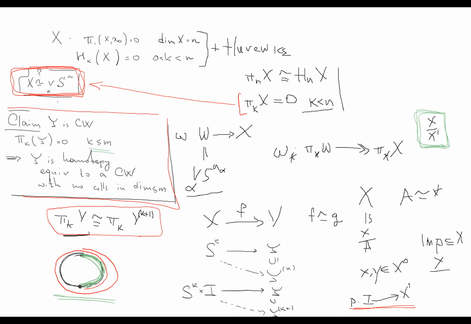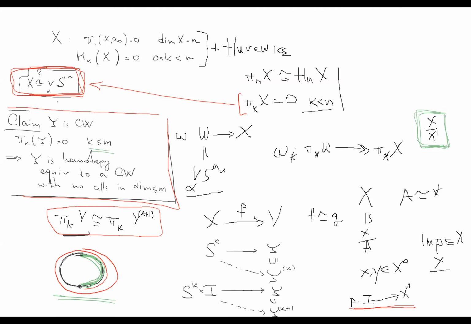This is because of how we obtain the CW complex: we have maps from the boundary of our cells to the lower skeleton.